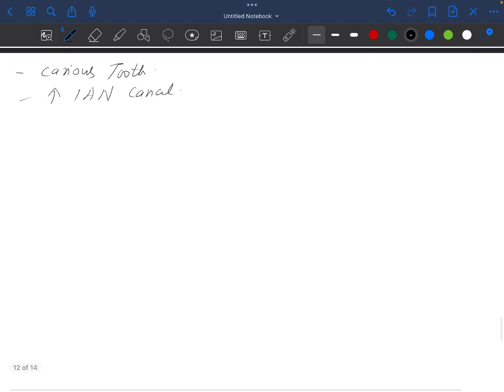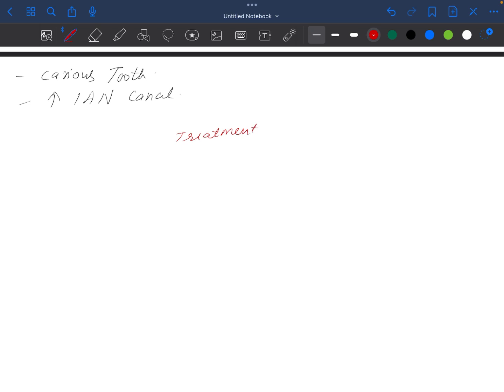Okay? For the treatment, it will be the same as I told you for the acute lesion. The aim will be to debride or remove all of the infected plus dead bone, right? Surgically remove everything. If the swelling is outside, try to drain it.